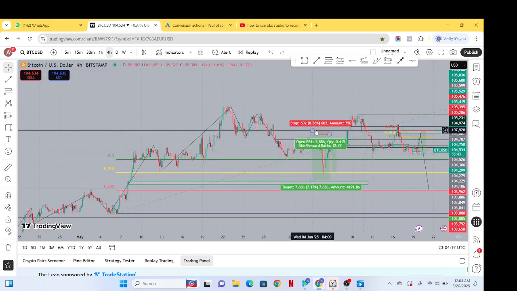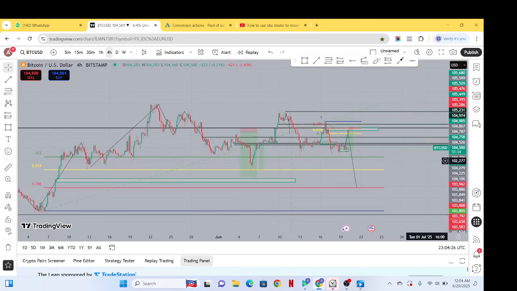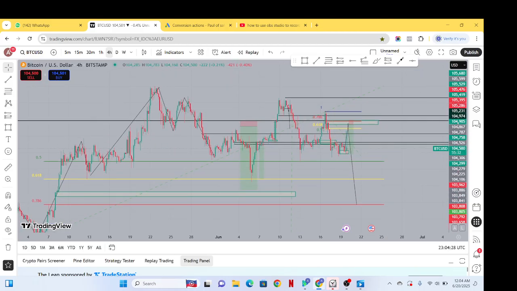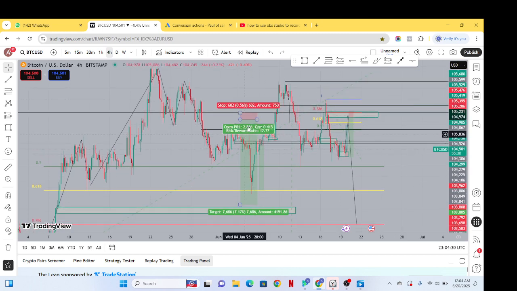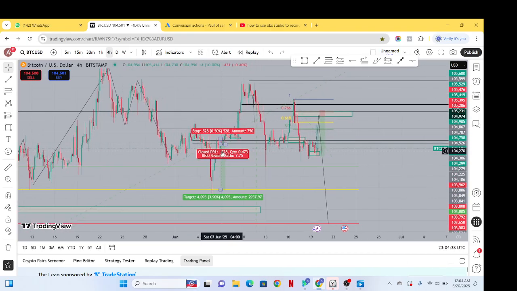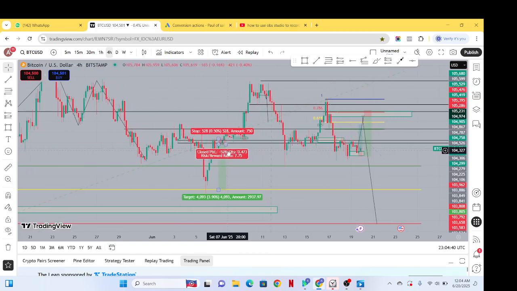Then I was actually waiting to take my trade from this place and sell. Even though it sold, it did not respect my entry, so I did not enter this trade at all. Let me delete it so you don't get confused. This second trade too, I did not enter.